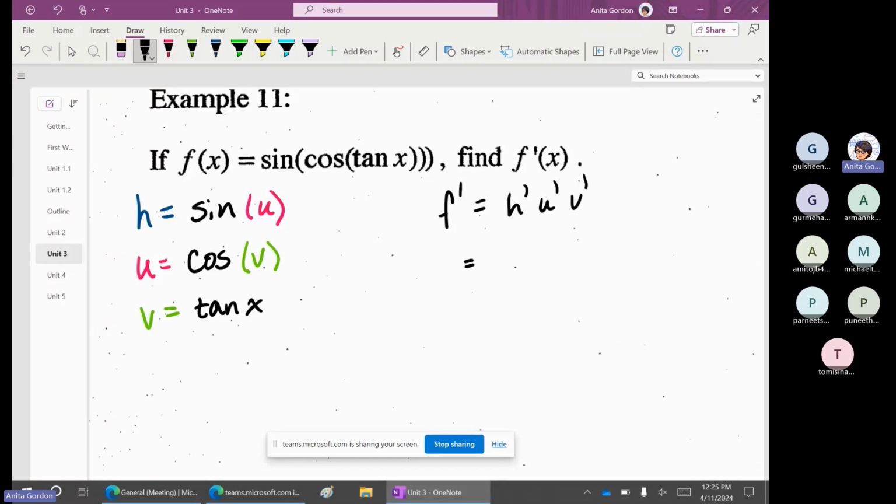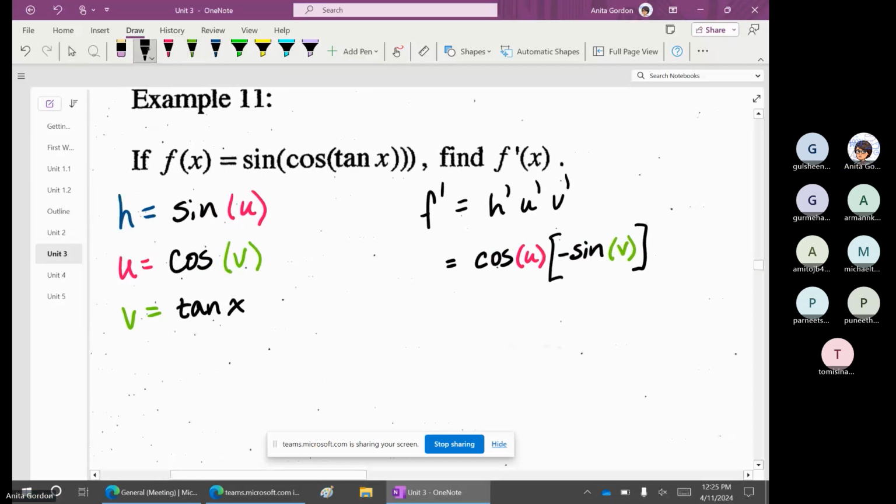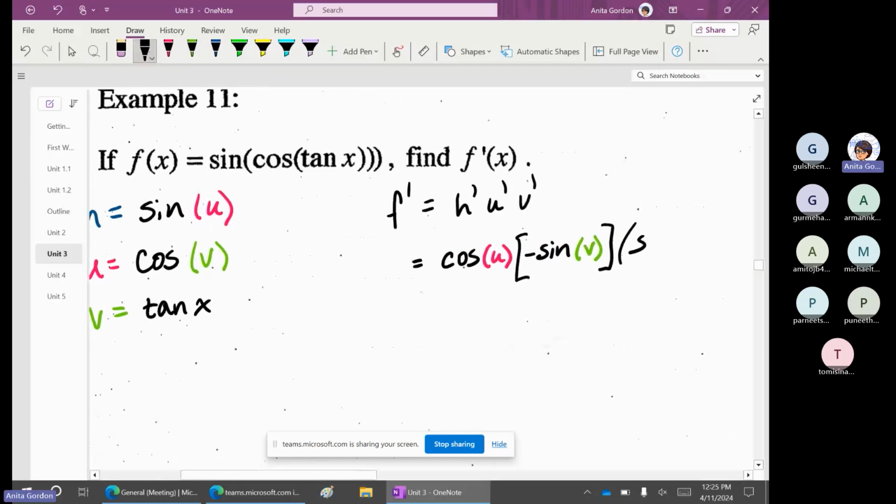So H prime is cos of U multiplied by minus sine of V multiplied by secant squared X. Okay?